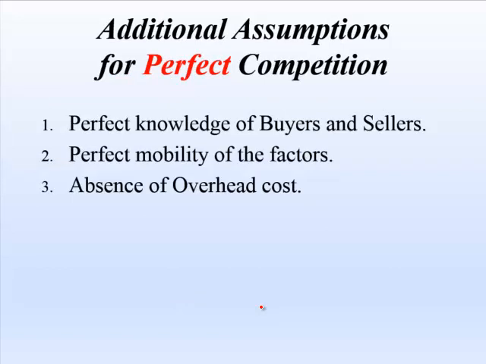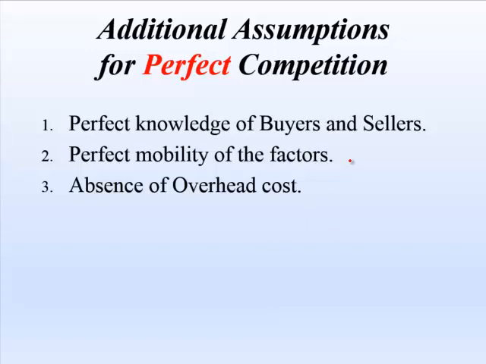What are they? Number one, perfect knowledge of buyers and sellers. Perfect knowledge means the buyers and sellers have full knowledge of the price at which the transaction is taking place and what the market conditions are. And next is perfect mobility of factors.